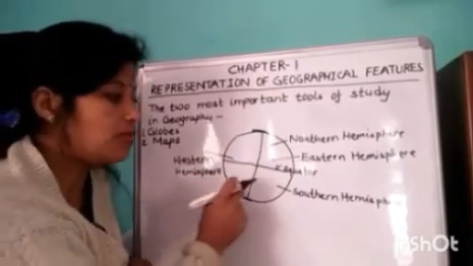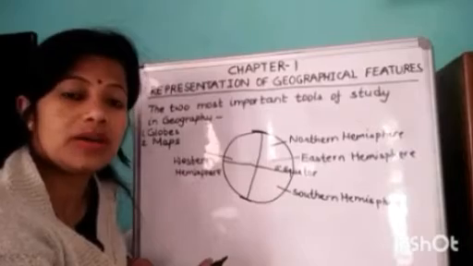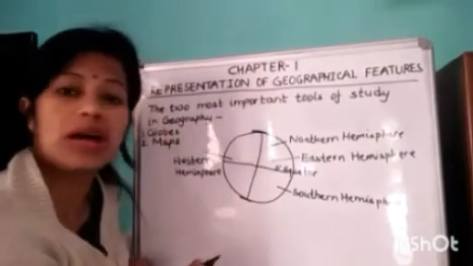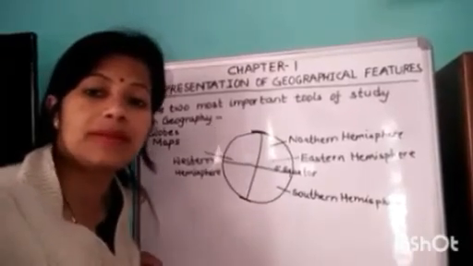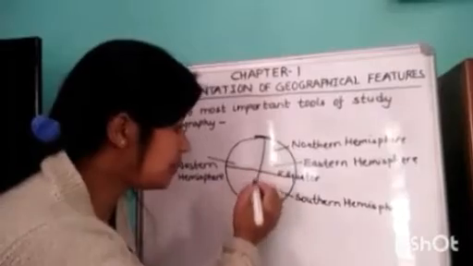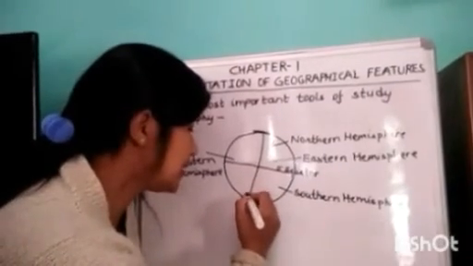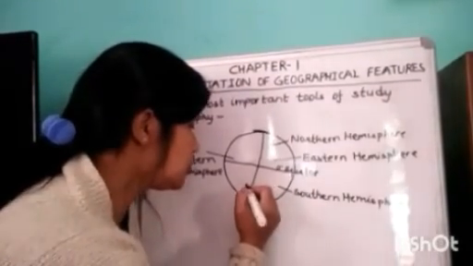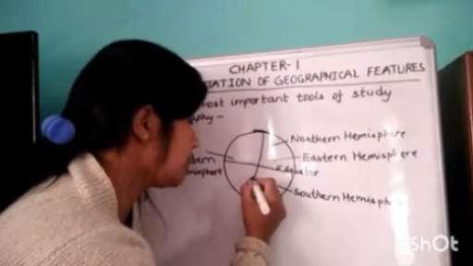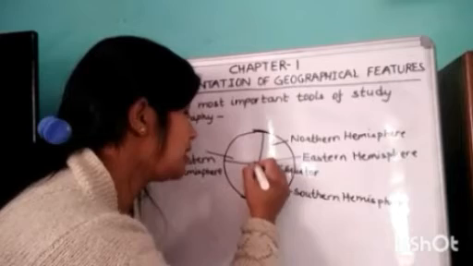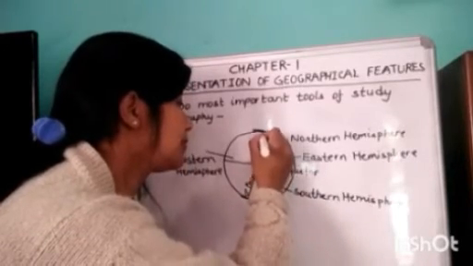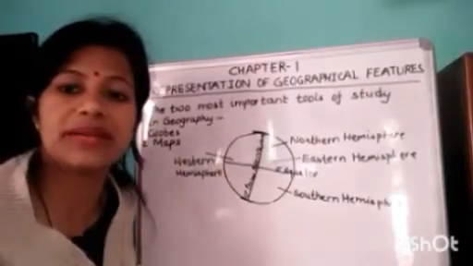Okay, and which lines are longitudes? This imaginary line, this meridian is called 0 degree longitude, prime meridian.